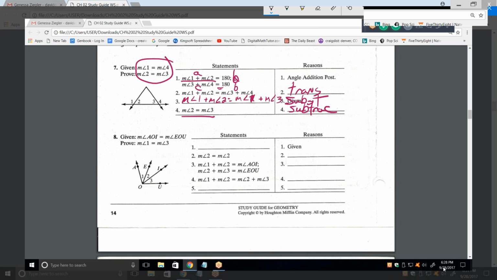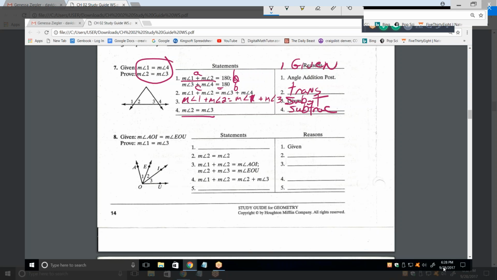Okay. And I'm pretty sure that's what they wanted you to do with this problem. The only thing is there should have been a given as the first one. So this one really has 5 statements and reasons if you do a proper job of it. Imagine that was just a typo.